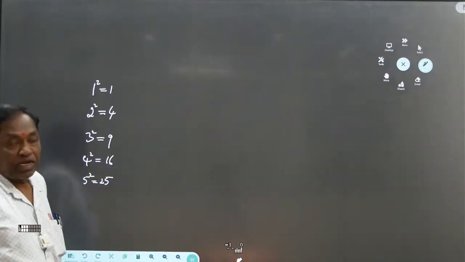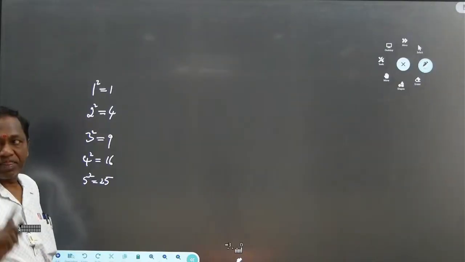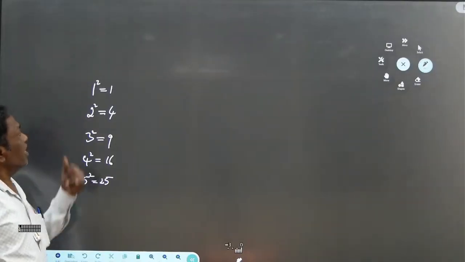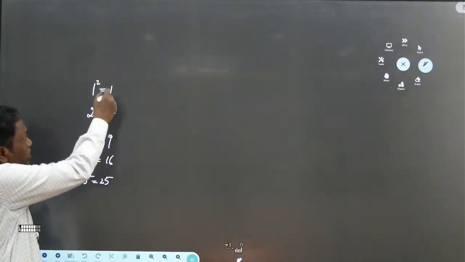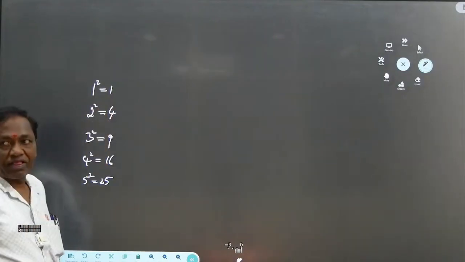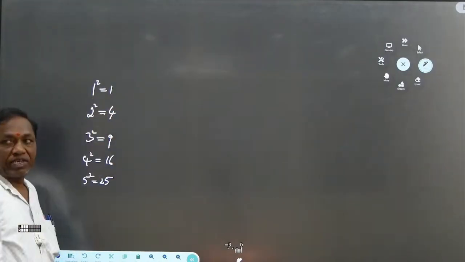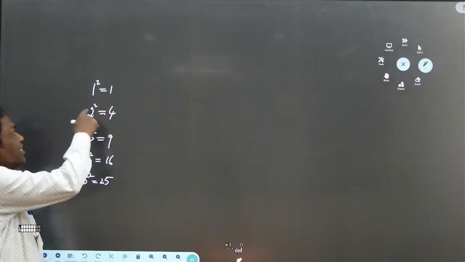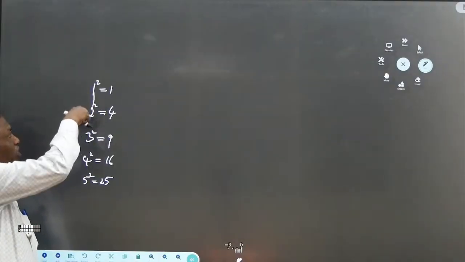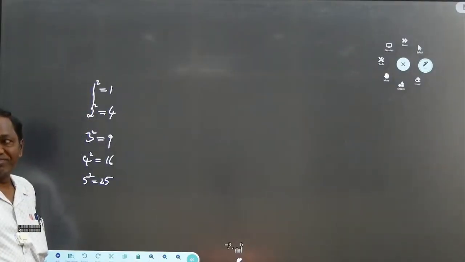What is our observation here? What is the difference between 1 square and 2 square? 3. 3 is the sum of the consecutive numbers 1 and 2.